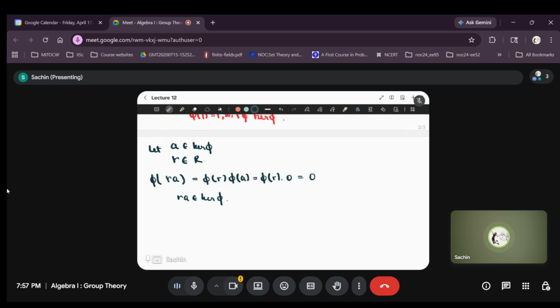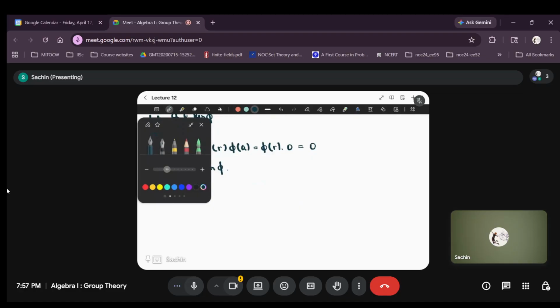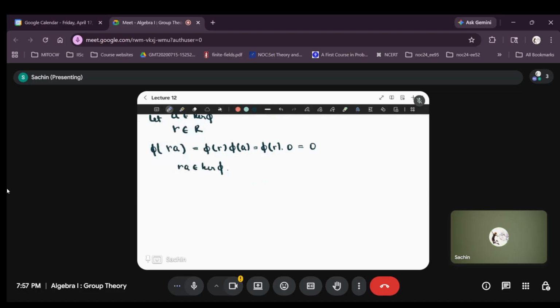So this property is what defines an ideal. An ideal I of a ring R is a subset of R satisfying two properties.